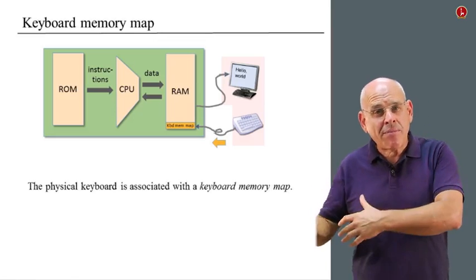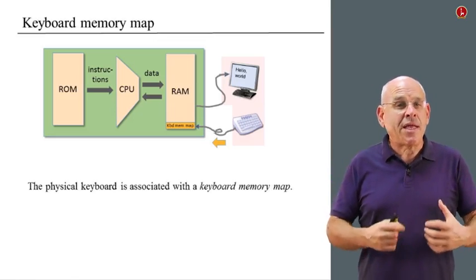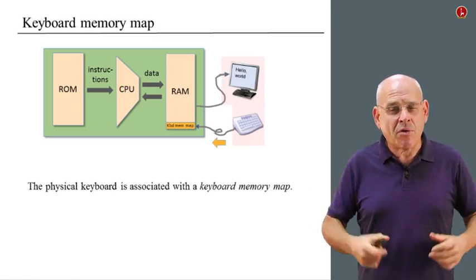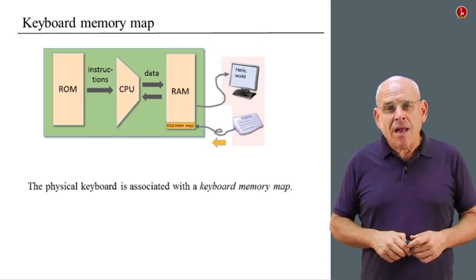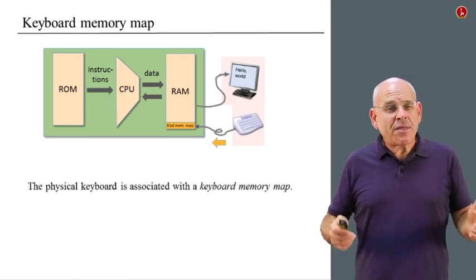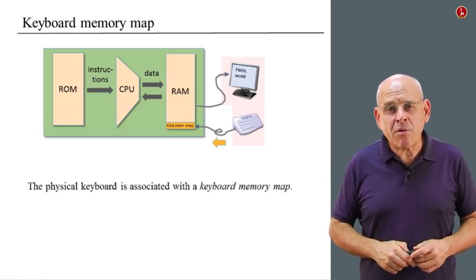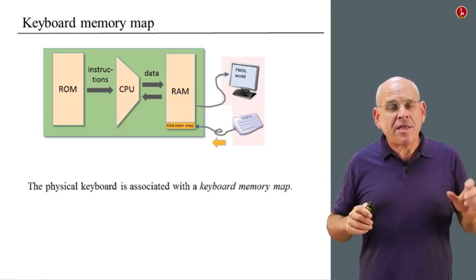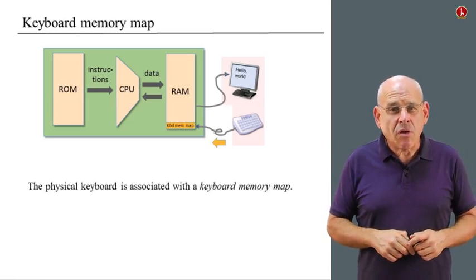Just like we had a screen memory map, we also have a keyboard memory map, and this is the representative of the keyboard inside the computer architecture. Now, in order to represent the keyboard, you don't need more than 16 bits. So the keyboard memory map is a single 16-bit register, which is called keyboard.